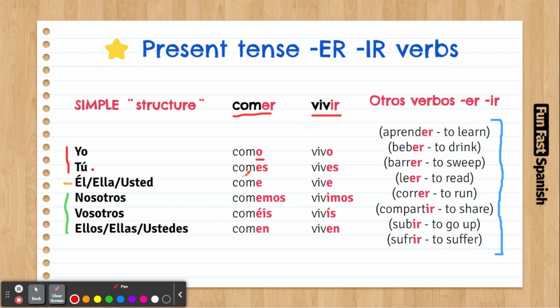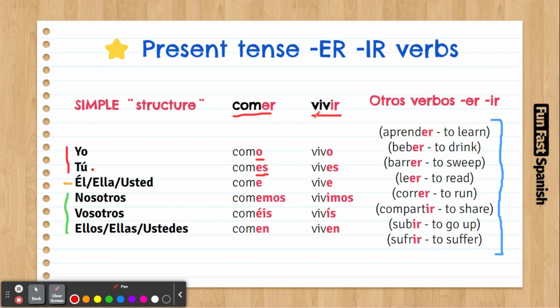Tú comes. So es is now the ending for the second person too. For AR verbs, we were using as, but for ER and IR verbs, we are using es. And if you look here on the right, it's exactly the same.